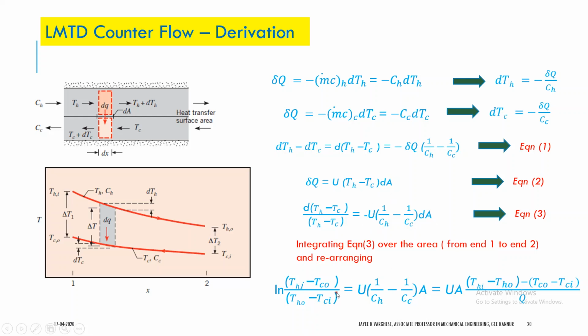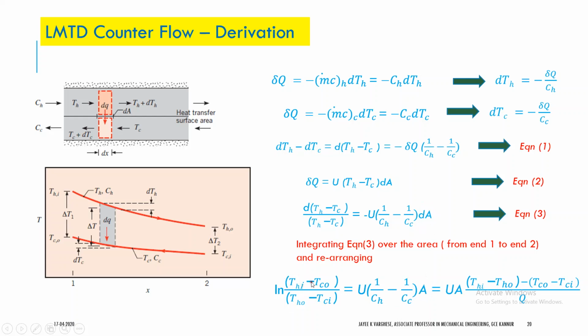So on integration, integrating from end 1 to end 2, this will be logarithm of th minus tc within the limits is equal to minus u into 1 by ch minus 1 by cc into integral of dA, which is the total area of the heat exchanger.